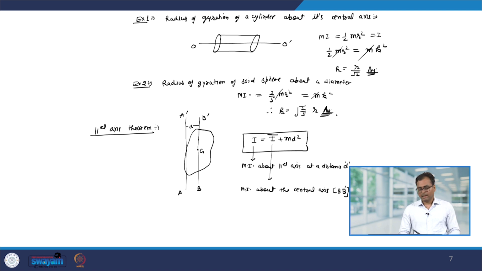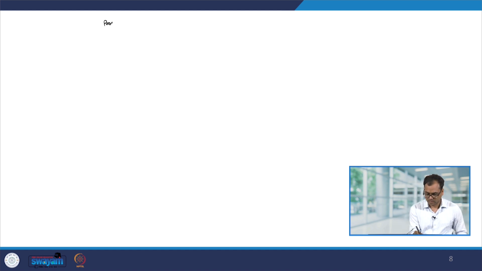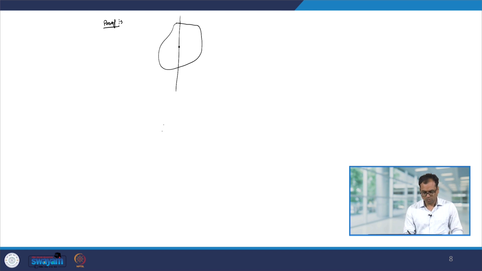Okay. Let us prove this statement. So, we have this rigid body and we have the axis which is passing through the center of mass, which is G here. So, this was our B prime, and we want to calculate the moment of inertia about A prime.